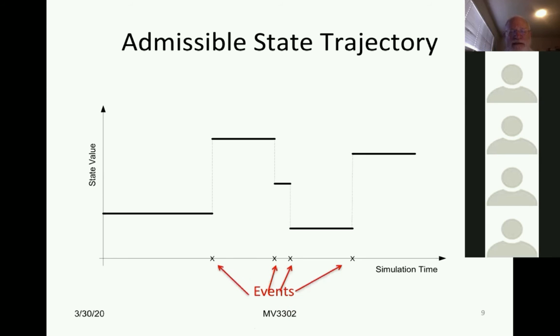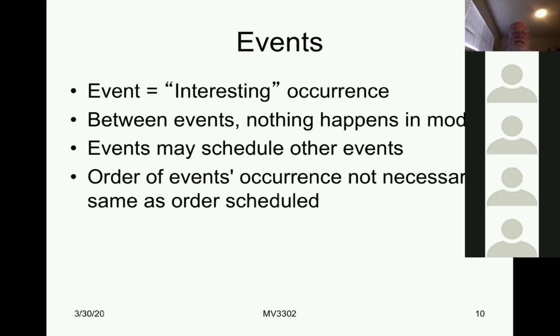And these jumps are what we identify as events. In addition, at time 0, this very first one can be thought of as an event. We'll see as the course unfolds what that may look like. So events are what the E in discrete event simulation is.